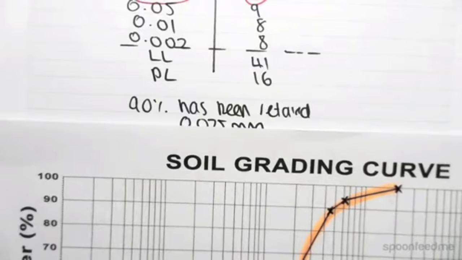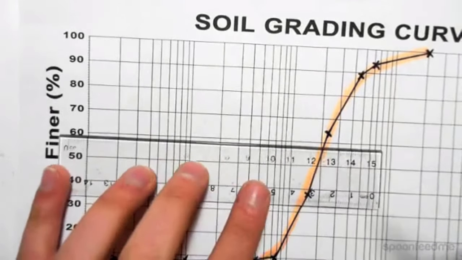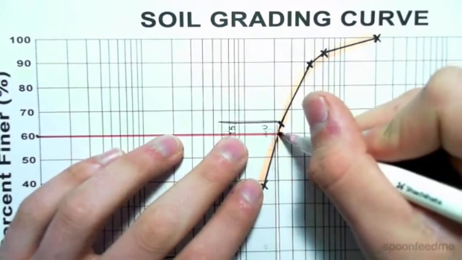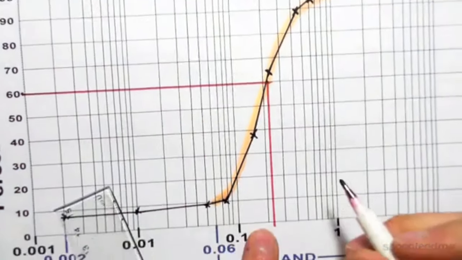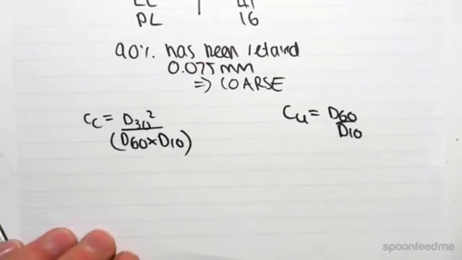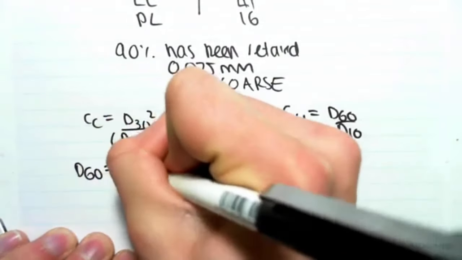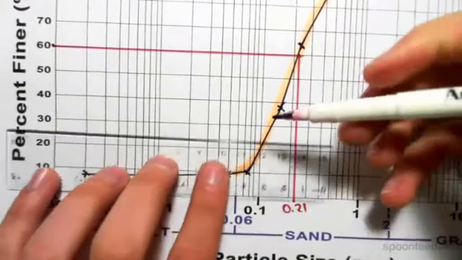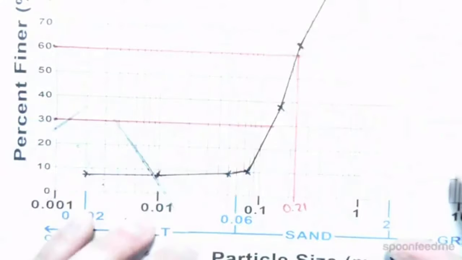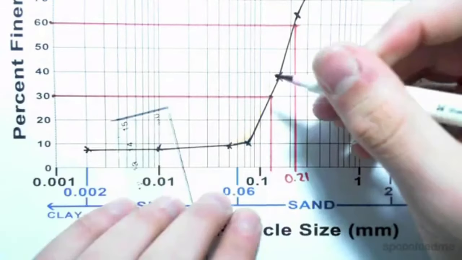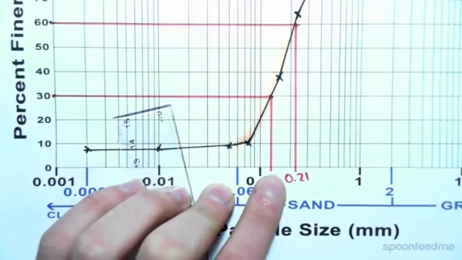If you remember, for D60, we went to 60%, we came across to our curve, and we came down to this value there, which is around 0.21. So D60 is equal to 0.21. Let's do D30 next. We would come at 30%, draw across, and then come down, and we get around there, which is around 0.13.